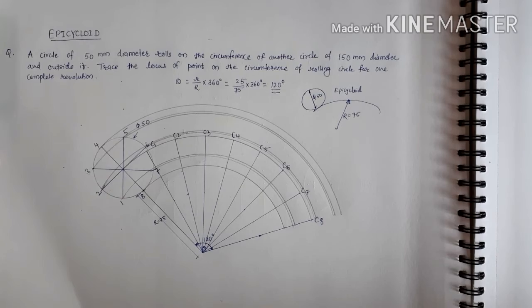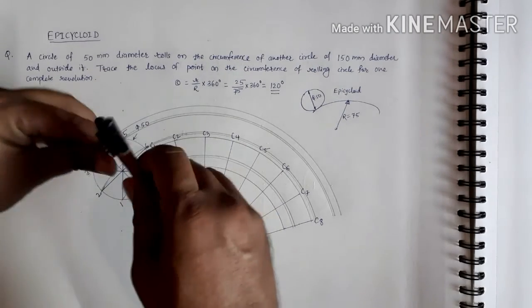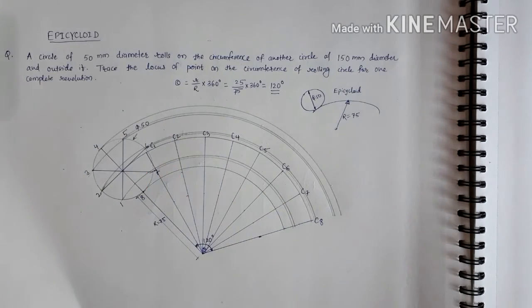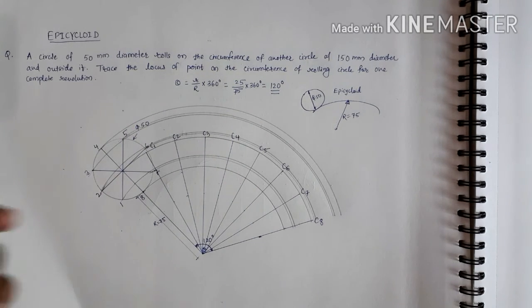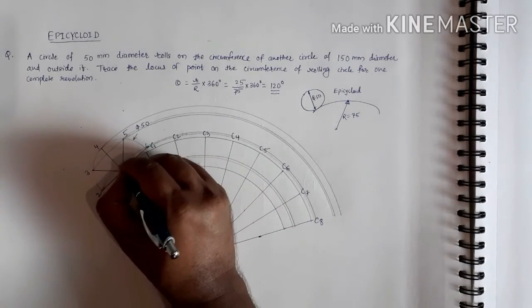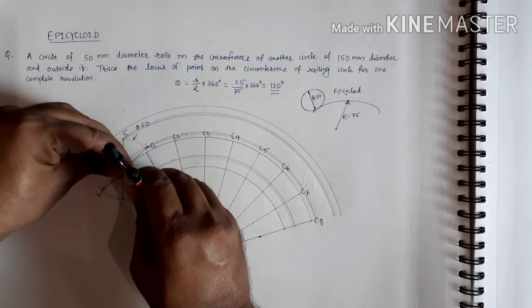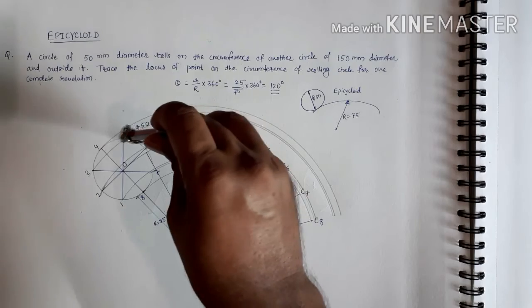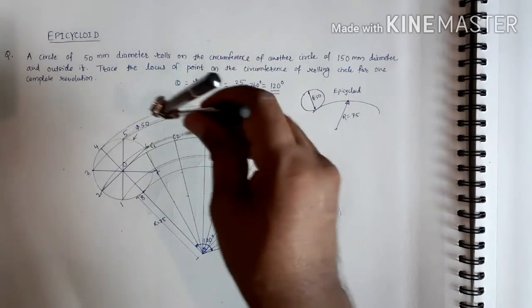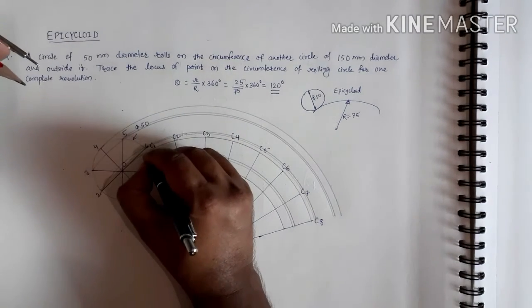Now fifth step is, we need to take radius in our compass, radius of smaller circle, that is 25 mm, which is rotating on circumference of another circle. So we need to take 25 mm, that is from center O to 8, and mark the arc putting from point C1, C2, C3 up to C8 respectively.